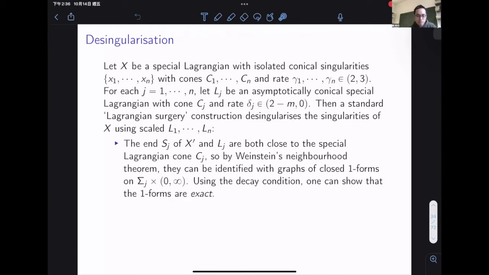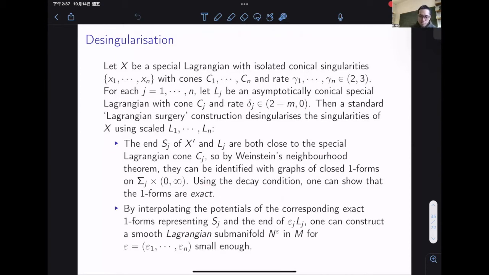The point is that the ends Sj of x prime and Lj are both close to the special Lagrangian cone. So by Weinstein's theorem, one can identify these two submanifolds with graphs of closed one forms on the cylinder.